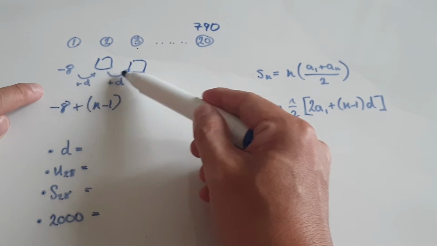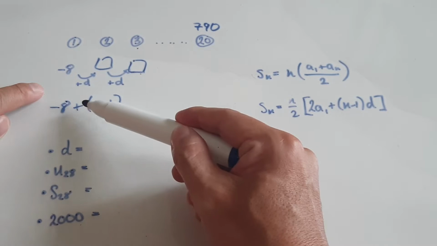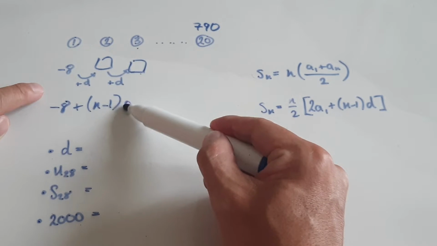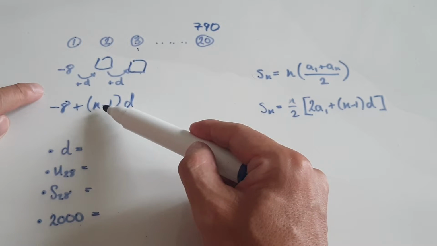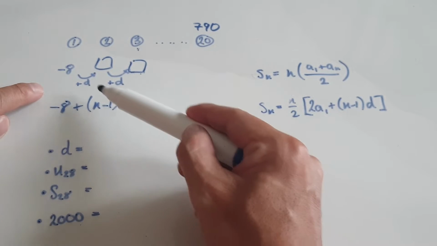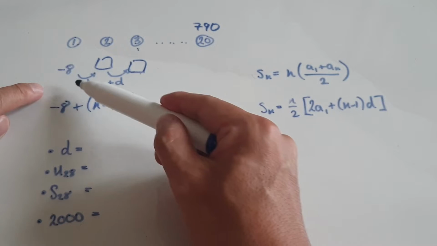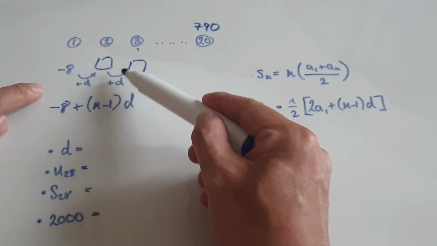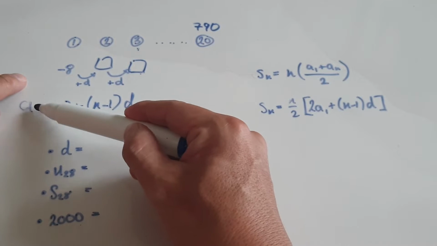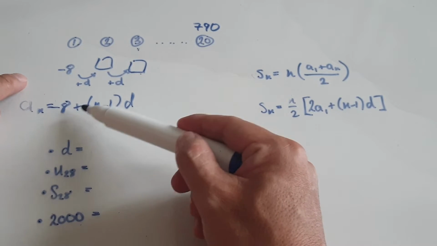So you start out with -8 and then you jump the difference one less. 3 take away 1 would be 2, so you jump twice the difference. So this is our formula to work out any given term.